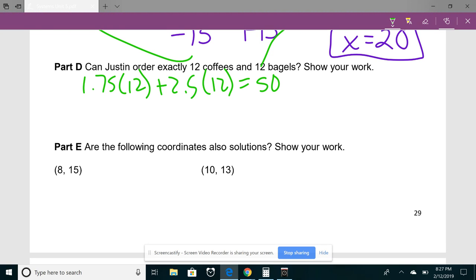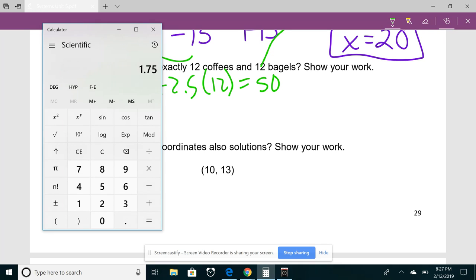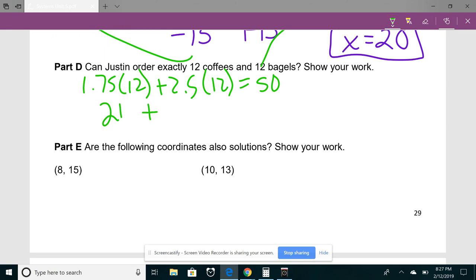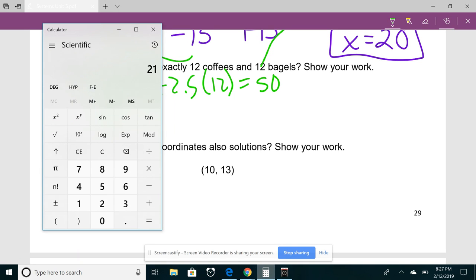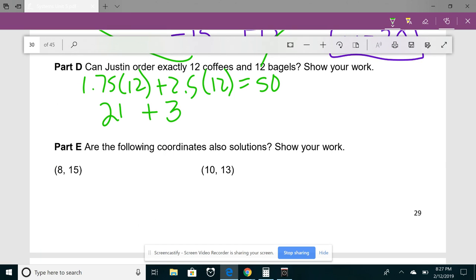So $1.75 times 12 is 21. 2.50 times 12 is 30. And 21 plus 30 is 51, which doesn't equal 50. So he can't. No, he can't order that. He doesn't have enough money. He only has $50.